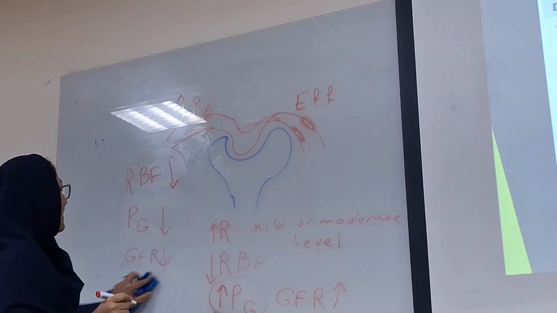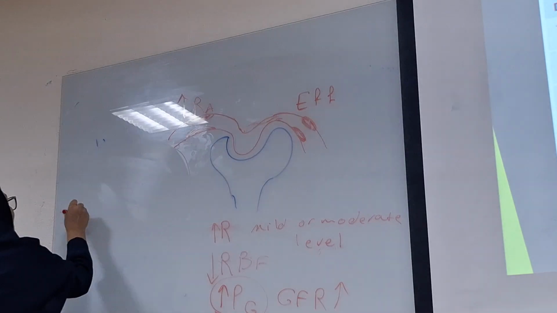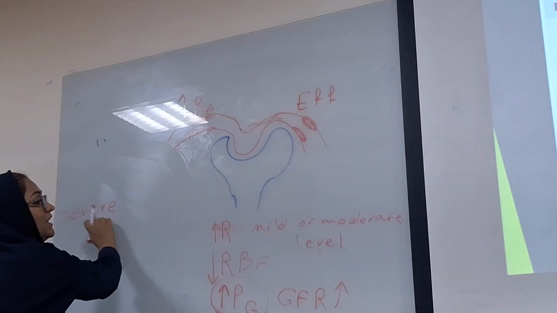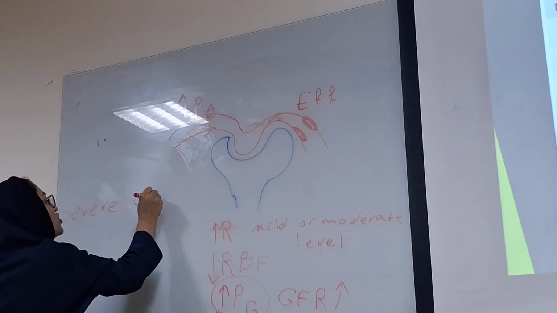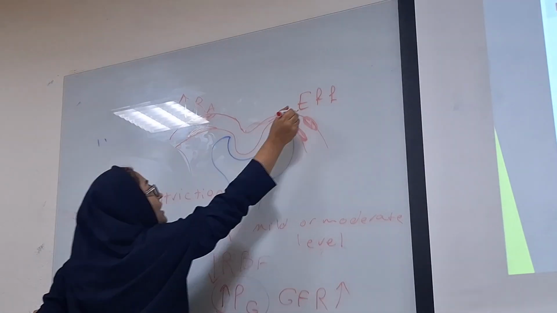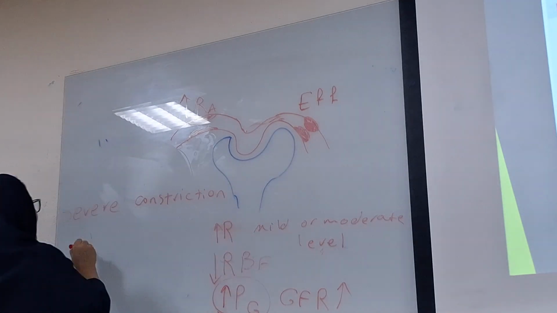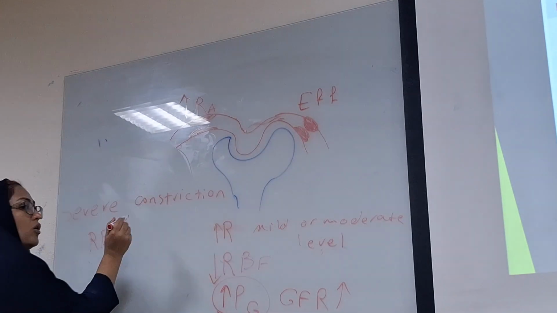Now suppose that there is severe constriction of the efferent arteriole. RPF decreases all the time.